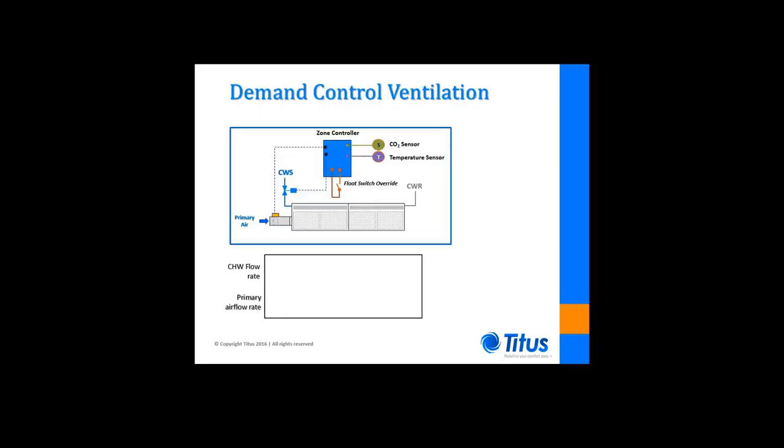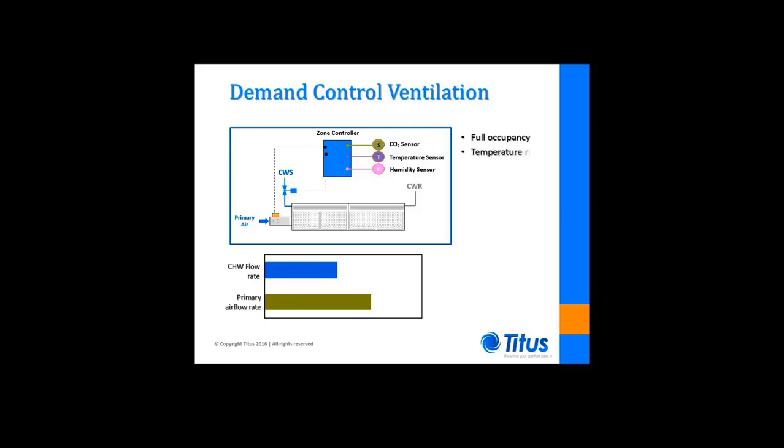Finally, demand control ventilation can easily be applied to displacement beam systems as well. A controller with temperature, CO2 level, and humidity inputs is employed. When the classroom is fully occupied, a constant volume primary airflow rate and a chill water flow rate sufficient to handle the sensible and latent cooling requirements are maintained.